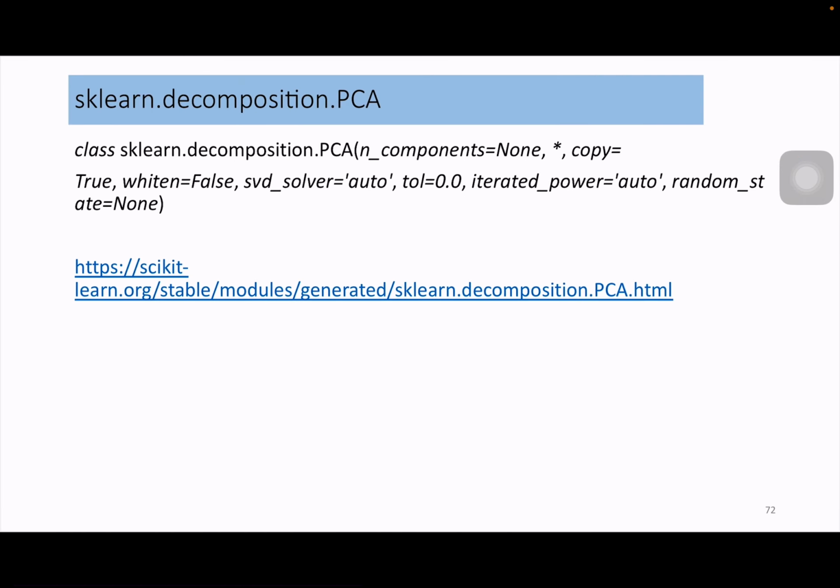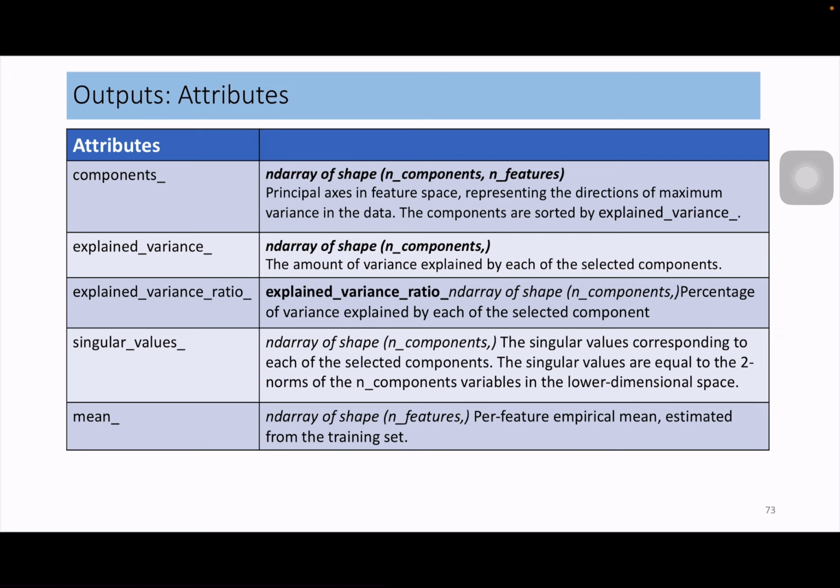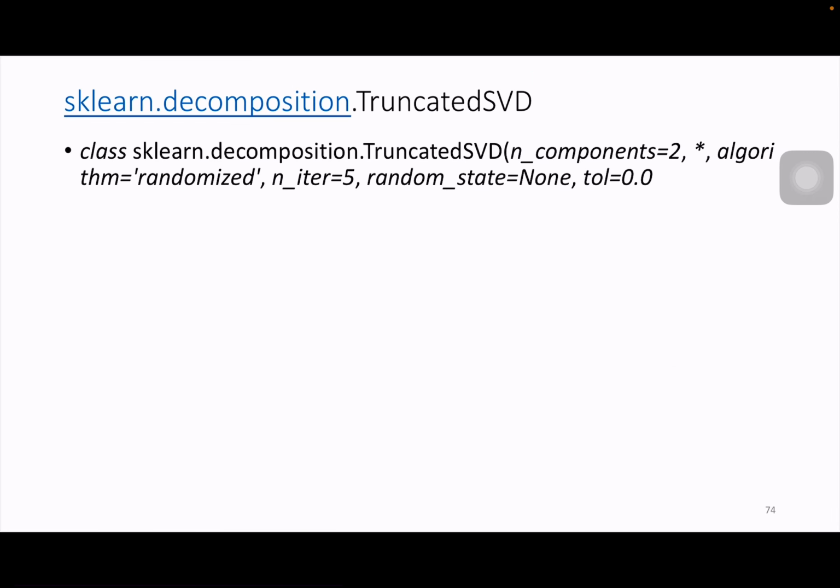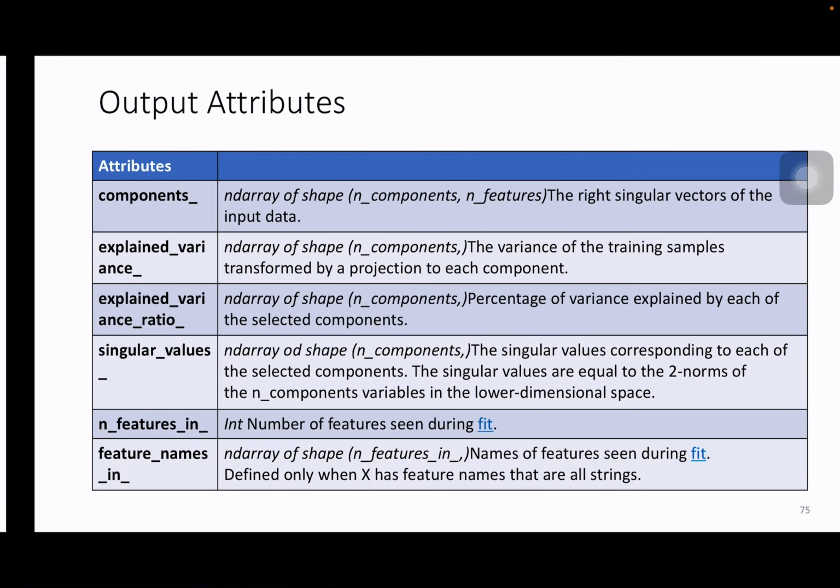Yeah, so that's sklearn decomposition. Basically, it is to get the k eigenvectors and values. Output variables could be components, explained variance, explained variance ratio, singular values, and mean. So truncated SVD is singular value decomposition.